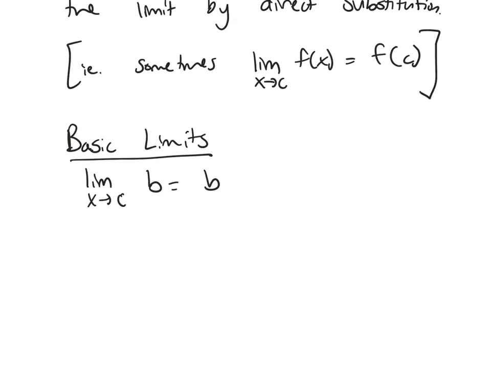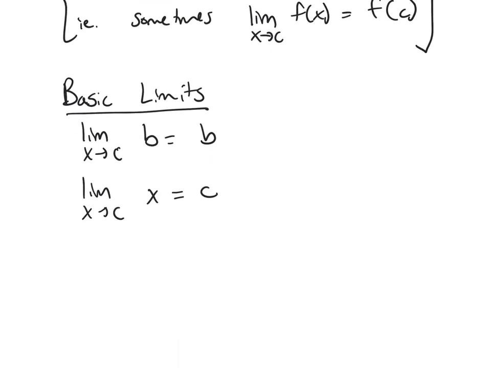And if I'm taking the limit of just the function x, I can just plug in c for that. Also, if I'm taking a limit of x to a power, x to the n, it's just going to be c to the n. I can just plug in, replace x by c in these special cases.